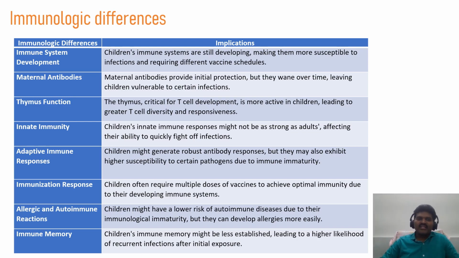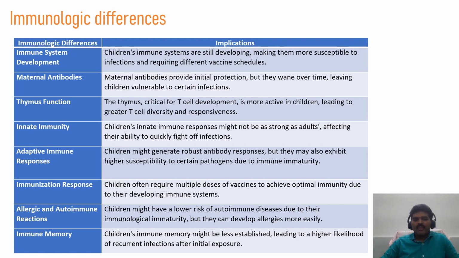To conclude this topic, unique anatomical and physiological features that influence their responses to medical interventions differentiate pediatric patients from adult patients. We need to understand these differences to deliver effective emergency care. From temperature regulation and airway anatomy to cardiovascular physiology and immune function, each aspect plays a vital role in pathophysiology, assessment, and treatment strategies.